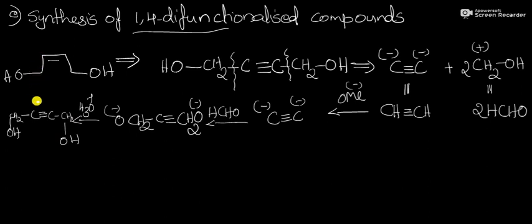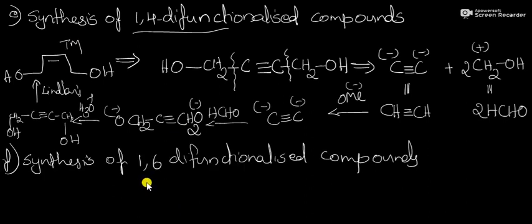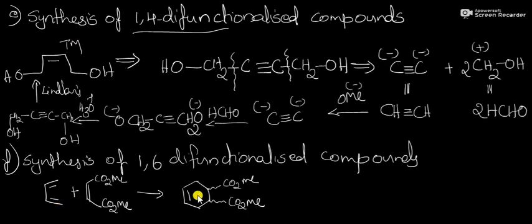Then how can you obtain this compound? Using Lindlar's catalyst, we can obtain this cis alkene, as that is our target molecule. Next is synthesis of 1,6-difunctionalized compounds. These compounds are usually synthesized from Diels-Alder adducts. For example, this is a Diels-Alder reaction.